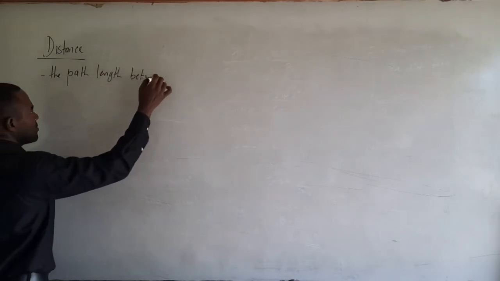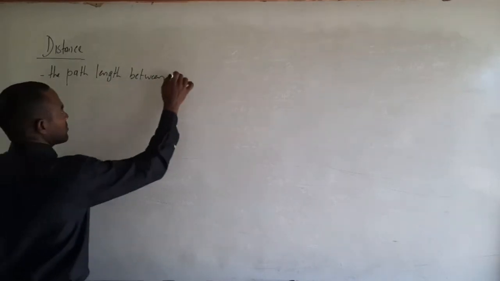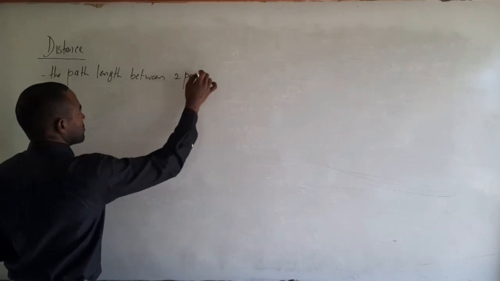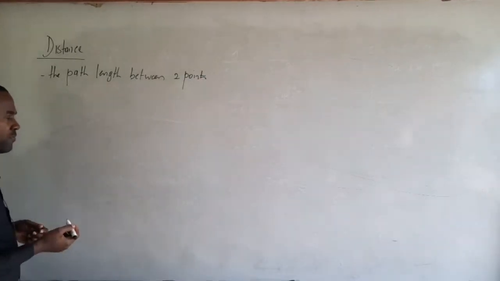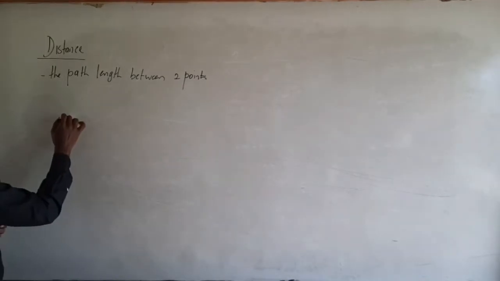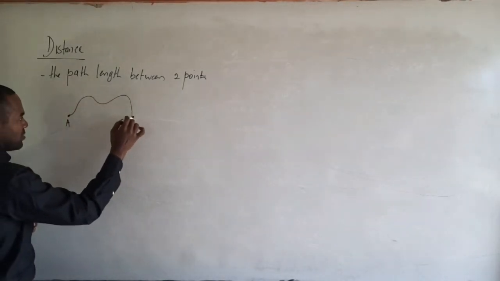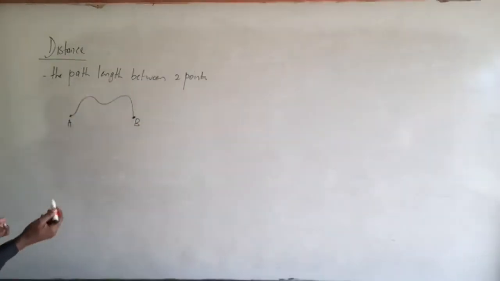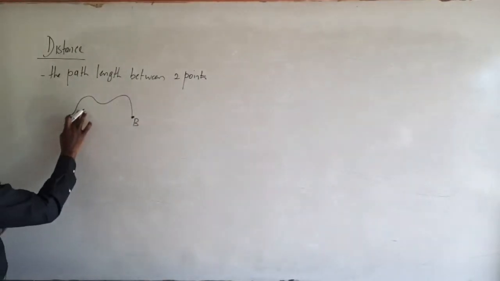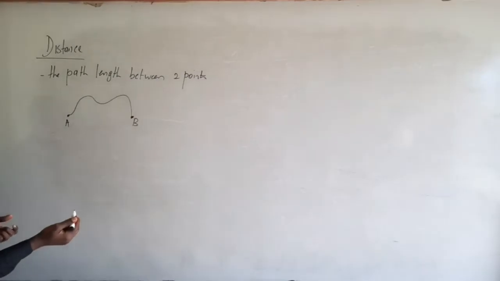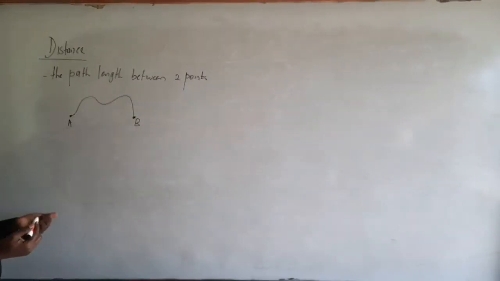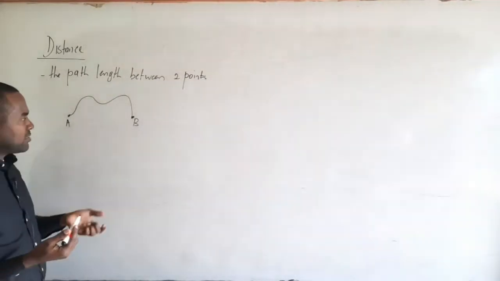So for instance, if a body starts at A and travels along a path like that to B, then the distance traveled is the length of the actual path taken.